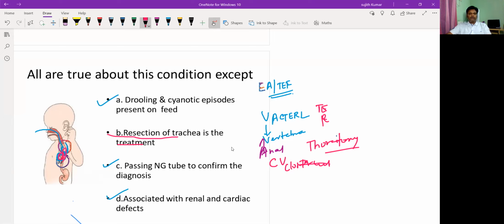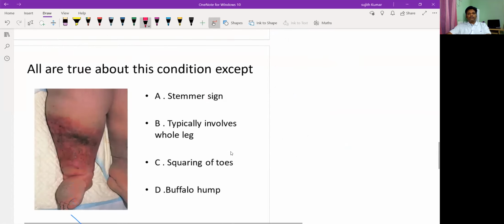That is the treatment for tracheoesophageal fistula with esophageal atresia. So it is not resection of the trachea. Okay, I'll go to the next question.